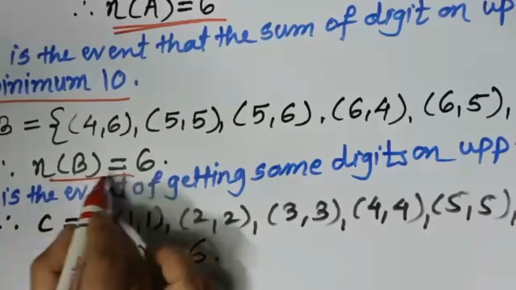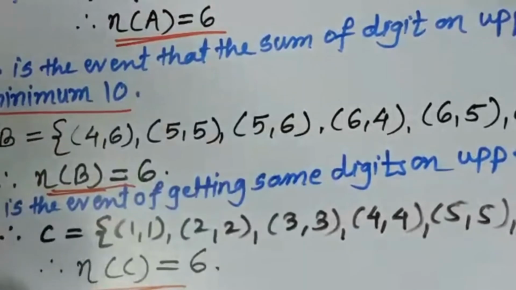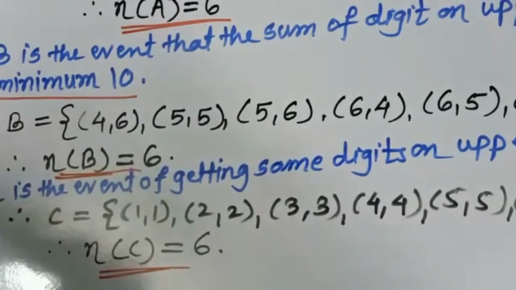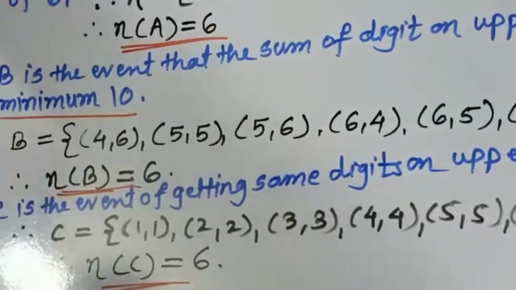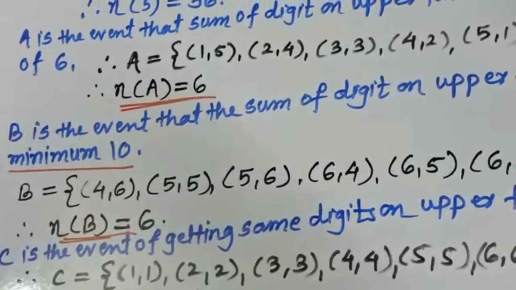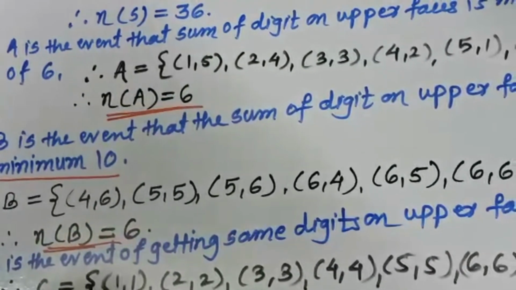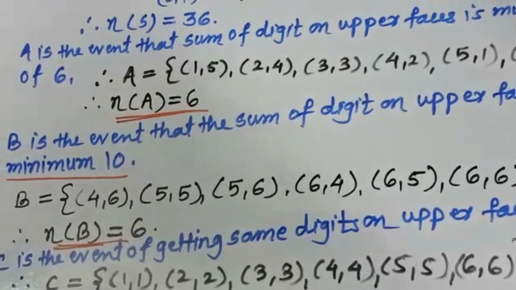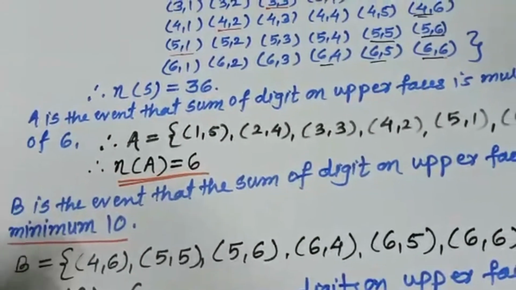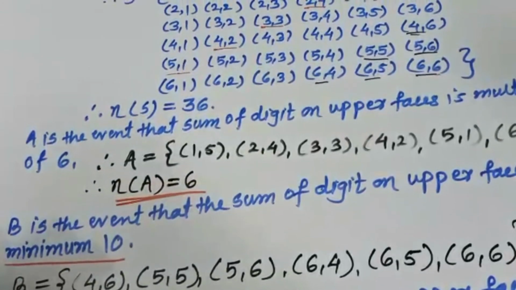Here again n of B is equal to 6 and n of A is equal to 6. Got it? So in this way you can solve any word problem based on probability when two dice are thrown. Here the sample space has 36 sample points, and from these sample points only we have to write the particular events, and it is very easy to write.